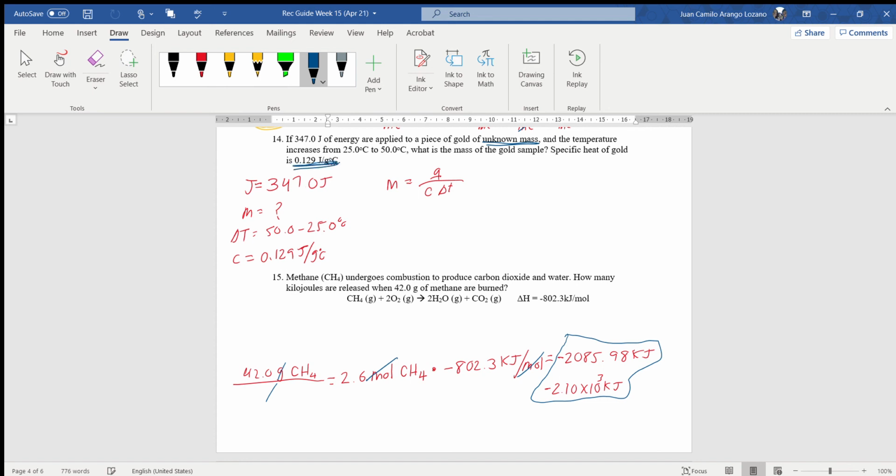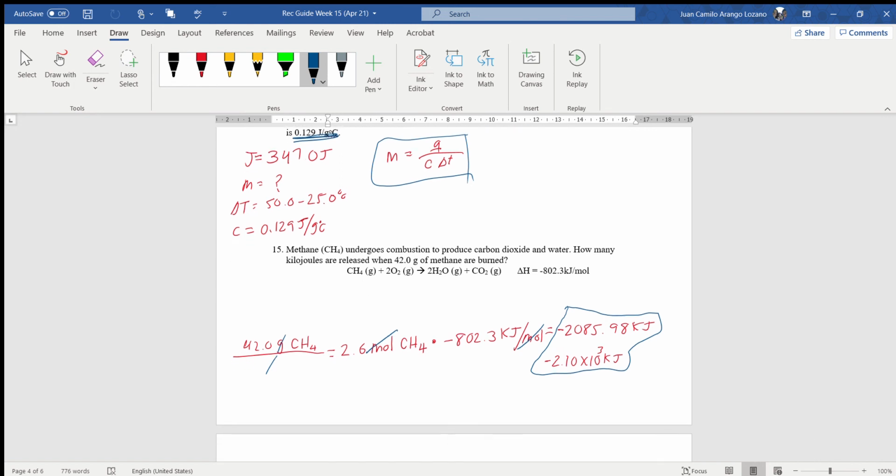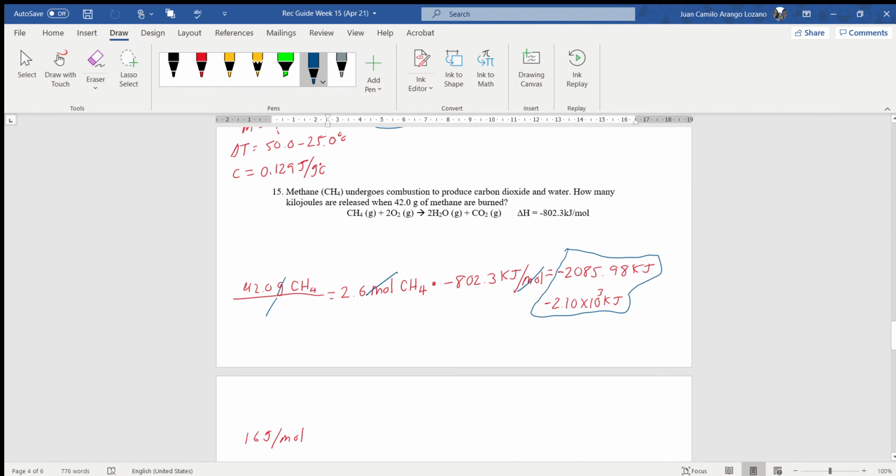So the same thing, you just need to solve for what they are asking you to get, which is the mass. I already did it for you, but I won't do the math, so please take a look at it and do it yourself. Exercise 15, methane undergoes combustion to produce carbon dioxide and water.